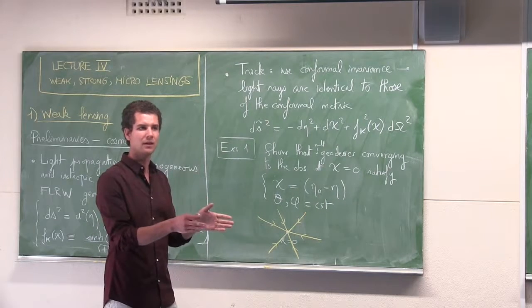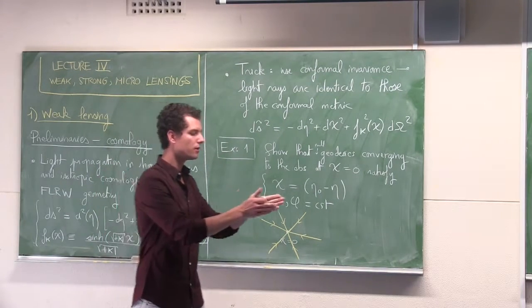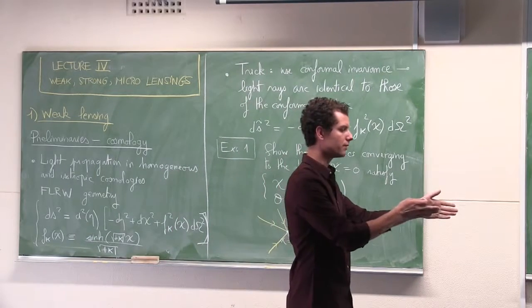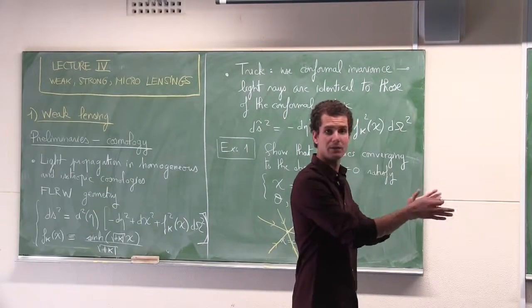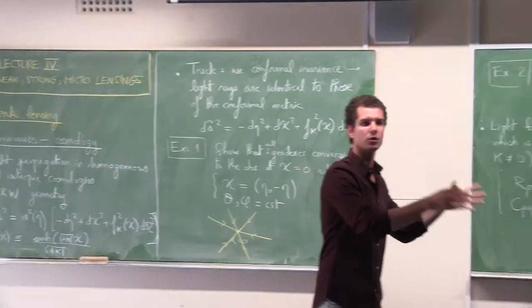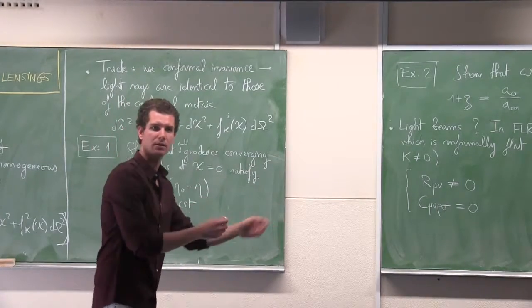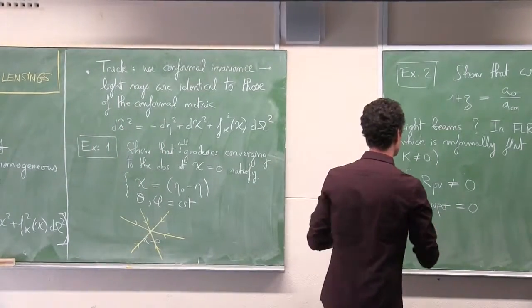But when you consider two neighboring light rays and you look at their relative motion, they are actually focused. They are globally focused due to the matter that they encounter during the propagation. So this is the physical intuition.